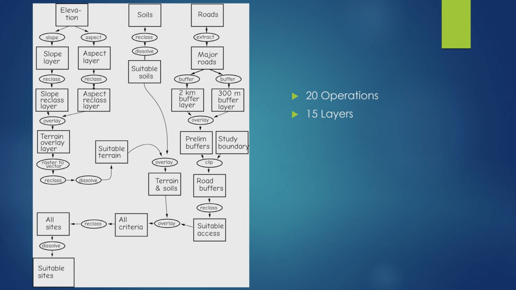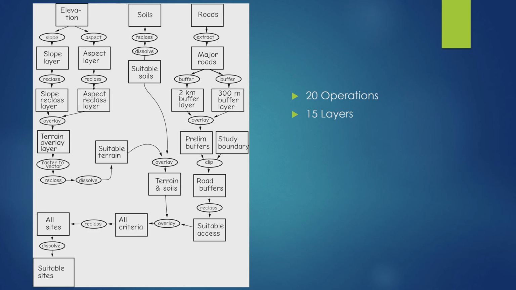Here's the diagram. It's more complex, but here's the actual diagram to create suitable sites based on these criteria. We have our elevation layer. Our elevation layer gets transformed to both slope and aspect because those were both criteria that we wanted. And then we had to reclass both slope and aspect.